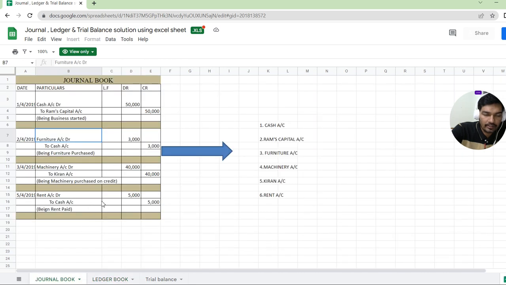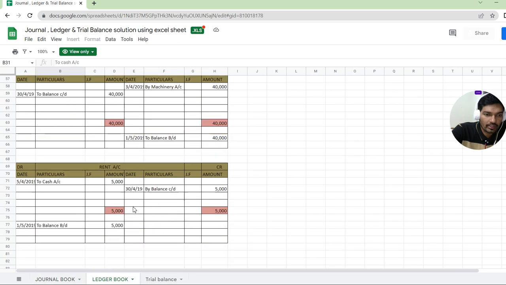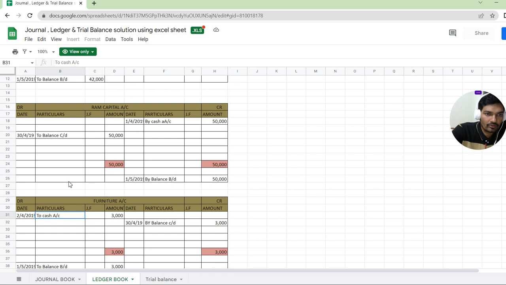And the last entry is rent account debit to cash account. So go to rent account. On the debit side we should write 'To cash account', putting the date as 5th April 2019. So again go to cash account.